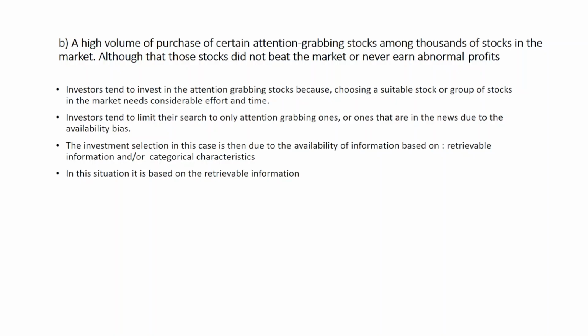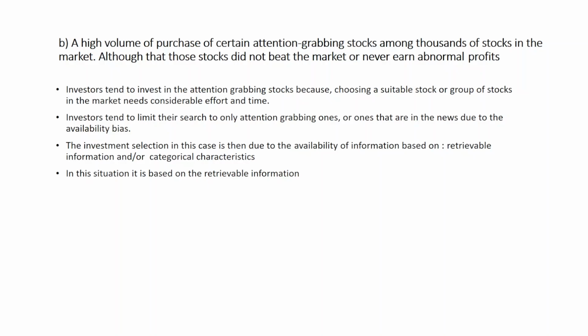People usually do this because it helps them limit the effort and the time they need in order to take the decision due to the overload of information. So they would limit their search to these attention-grabbing ones only because it's easier for them to find the information.